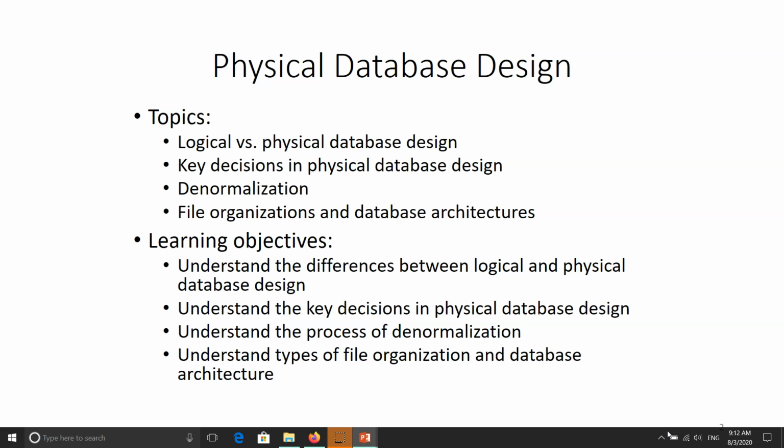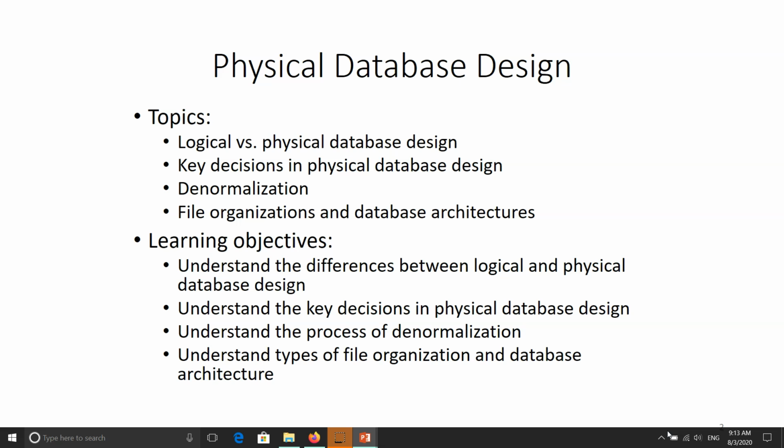After studying this module, you should accomplish the following learning objectives. You should understand the differences between logical and physical database design, and you should understand the key decisions you need to make in physical database designs, their inputs, and their deliverables.